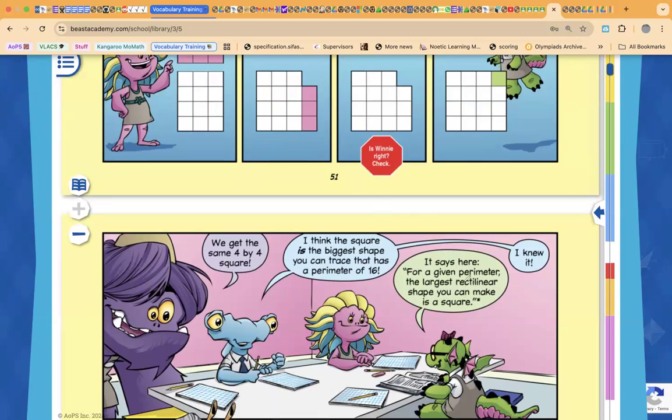What is rectilinear? Rectilinear means made out of straight lines joined at right angles. So for a given perimeter, the largest area can only be that of a square.